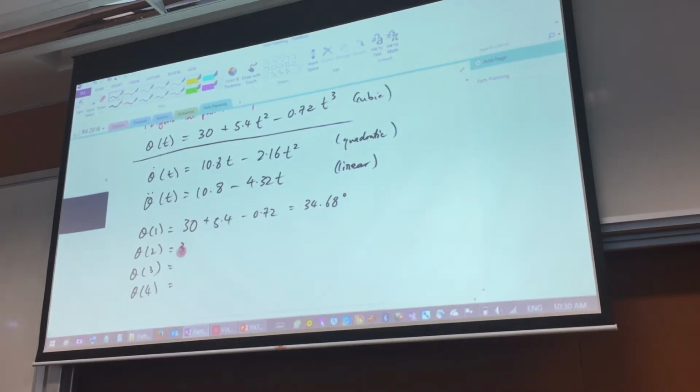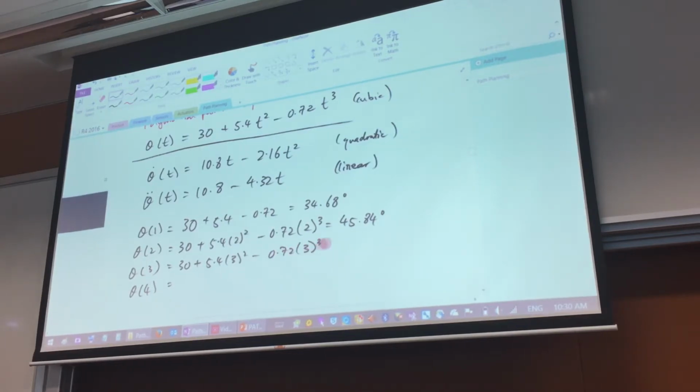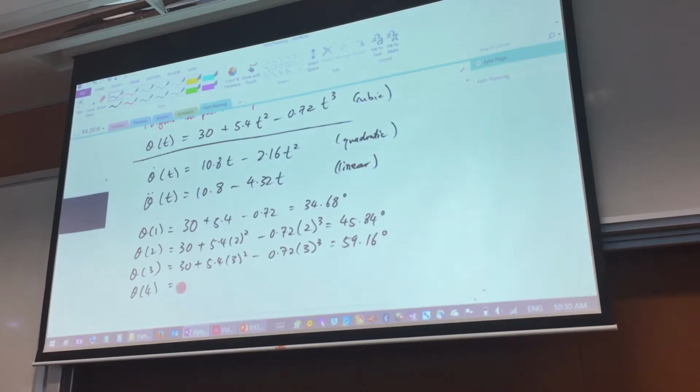Substitute 2, square, minus 0.72, square cube. Solve for that, 45.84. I'll just do the rest very quickly. That one will give me 59.16.